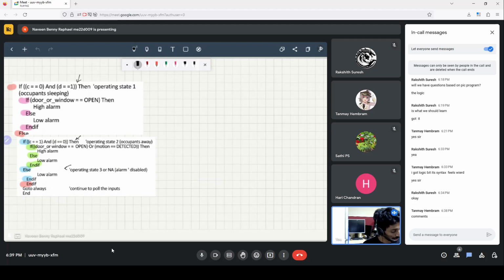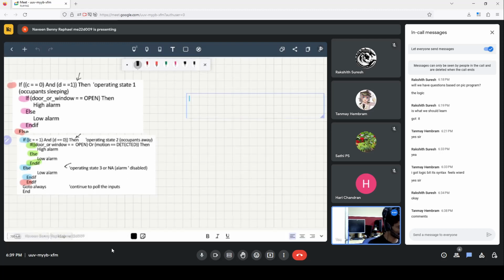So that's the premise. If you look, this is very similar to... if I had to write this in code, it will look like if C equal to 0 and D equal to 1.